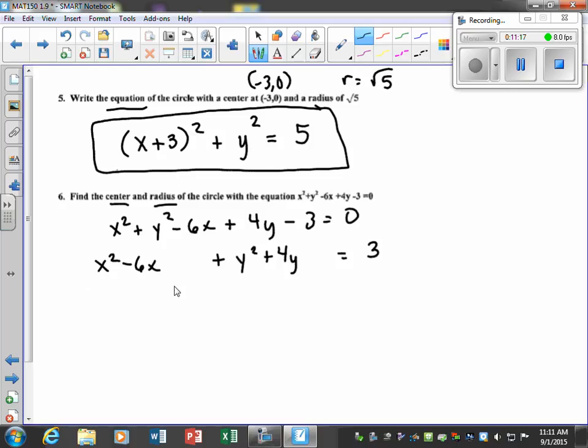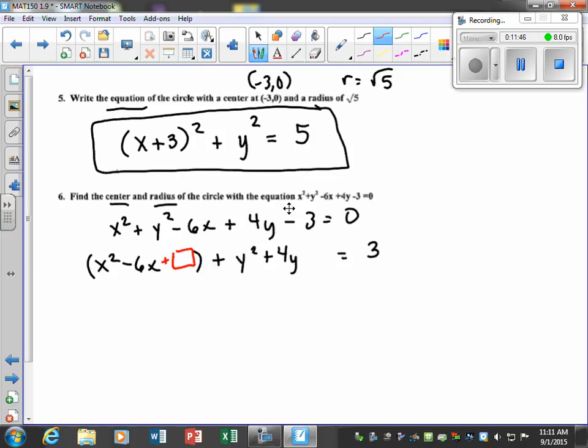We grouped our x terms, left some space because we're using the complete the square method, and moved this 3 to the right hand side. The idea of complete the square is we want this to be a perfect square trinomial, so we have to figure out what this needs to be to make that the case.